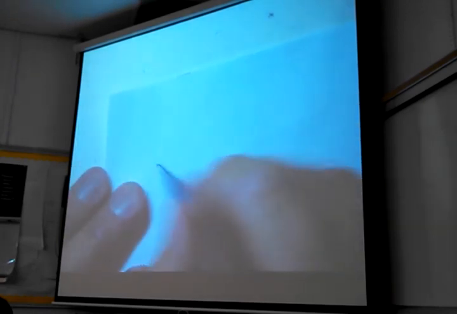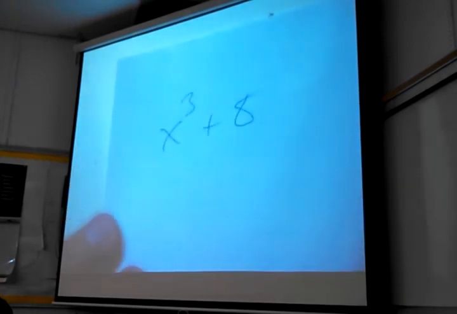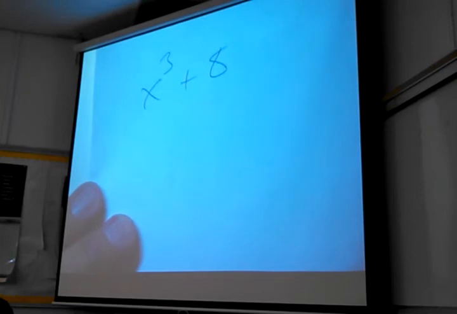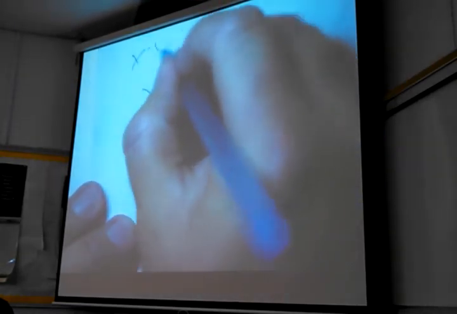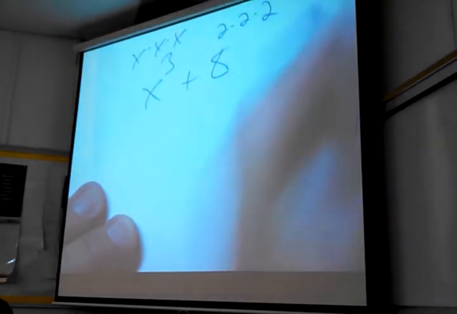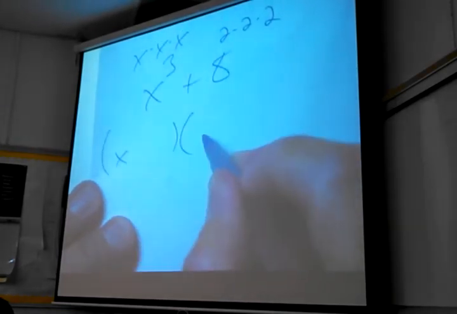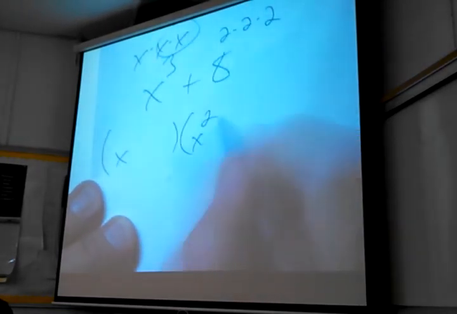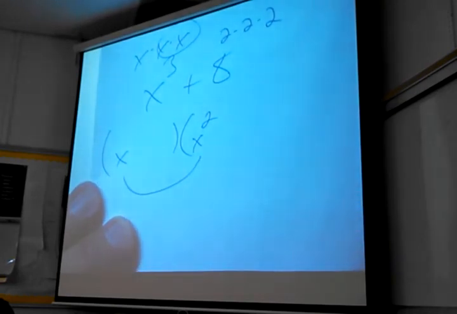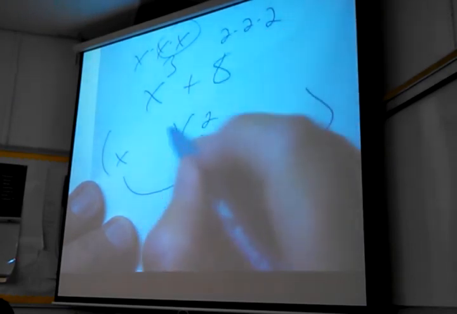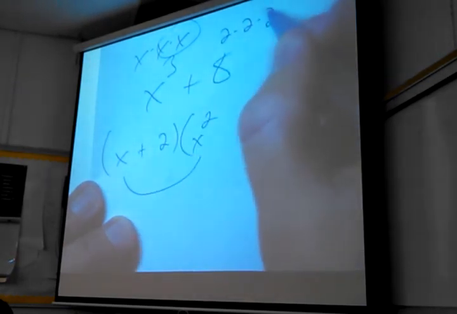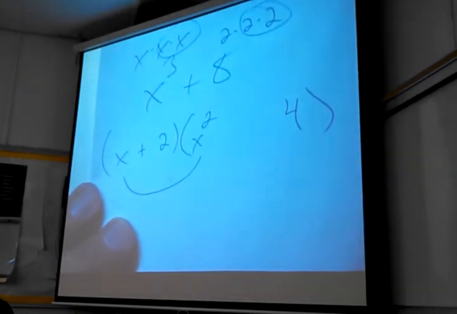So one thing that makes sense about this is if I have 3 X's and 3 2's, if I put one X there, then I have to put the other 2 there, so I get my X cubed. So far that makes sense, right? And if I put 1, 2 here, I have to put the other 2 2's here. So far that makes sense, right?